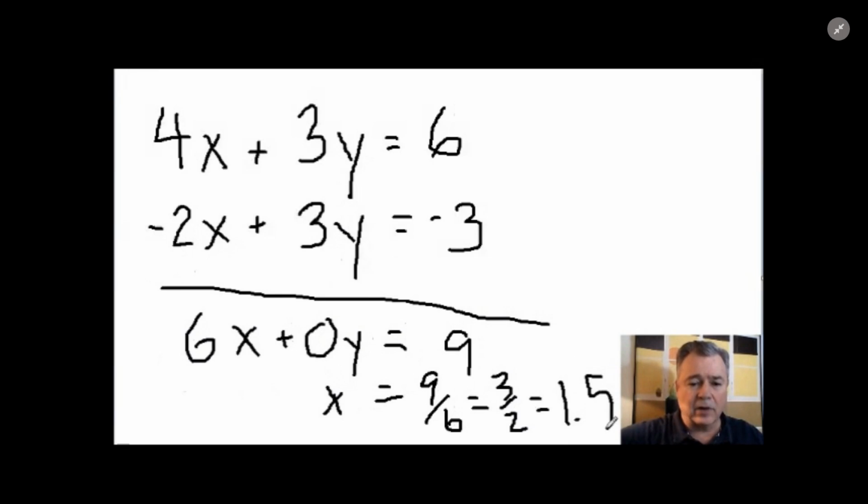Now in the next step, we're going to use this number 1.5 by plugging it into either equation, and that will reveal the value of y. For example, 4 times 1.5 is going to be 6. And if we subtract 6 from both sides, we get 3y equals 0.